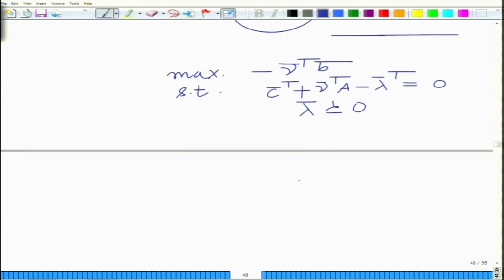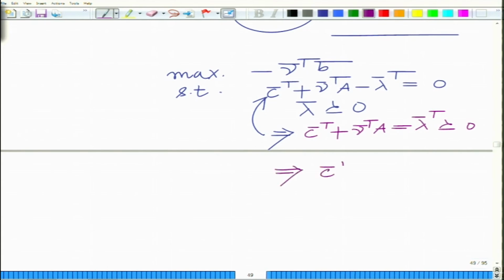Now, you can see that C bar transpose plus nu bar transpose A minus lambda bar transpose equals 0, so we can simplify this further. What does this imply? This implies that C bar transpose plus nu bar transpose A equals lambda bar transpose, which is component wise greater than or equal to 0. So, C bar transpose plus nu bar transpose A is component wise greater than or equal to 0.